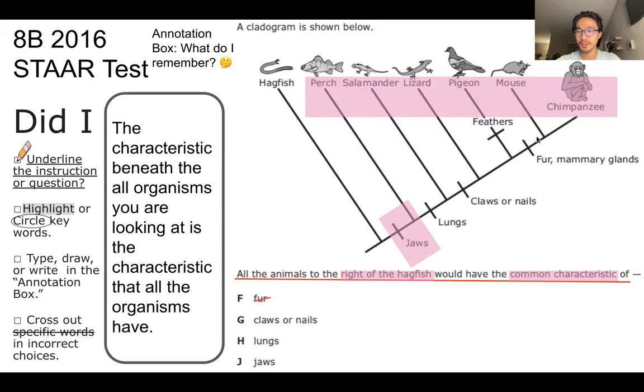So we know fur is all the way down here. Claws or nails, that's down here. No, that means salamander and perch don't have claws. Lungs, well, remember, perch doesn't have lungs. Jaws, because jaws evolved before all of these organisms branched off, all of these organisms have jaws.